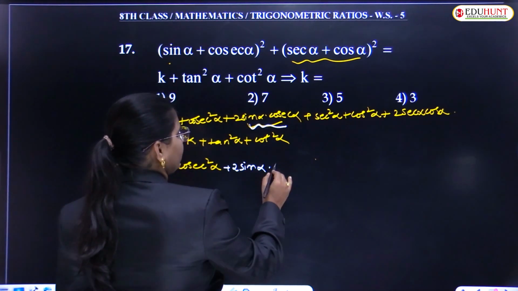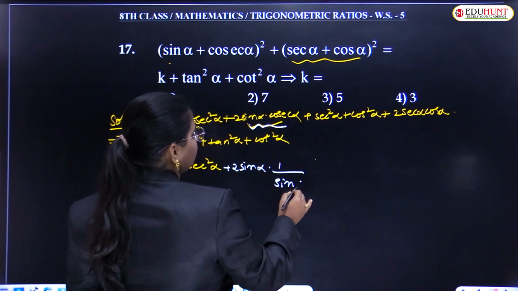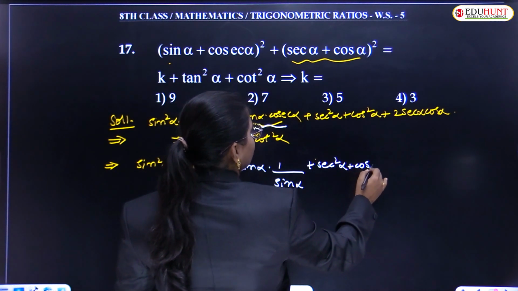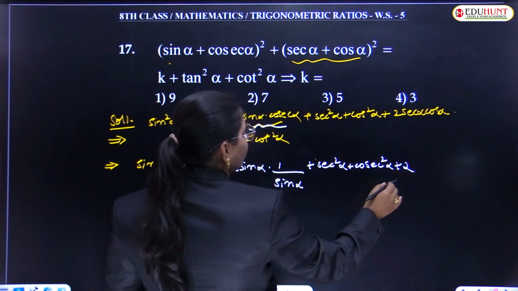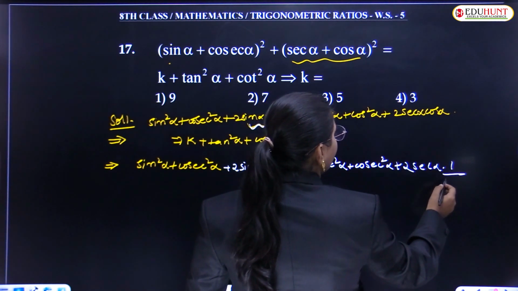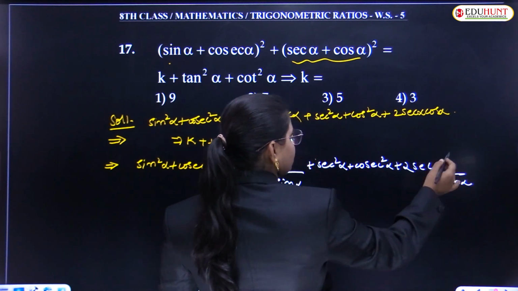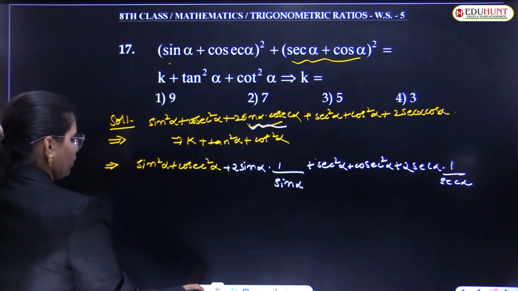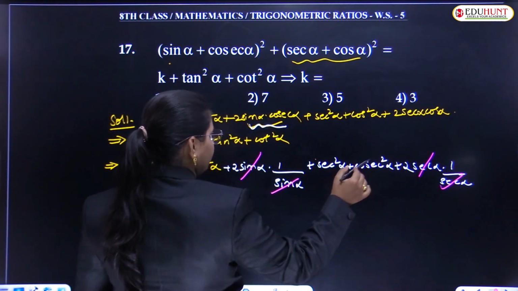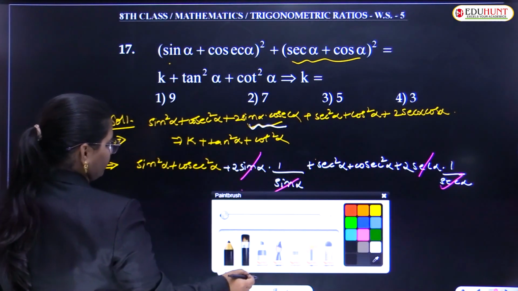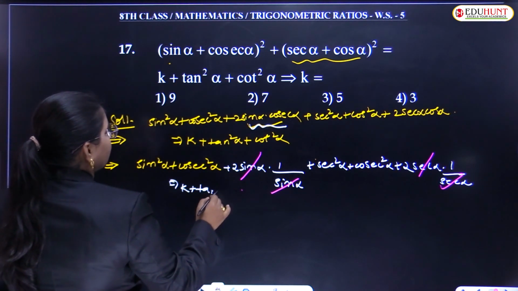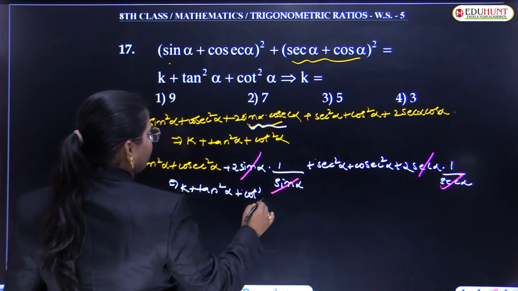So I'll write cosecant alpha as 1 by sin alpha, plus secant square alpha plus cos square alpha, plus 2 secant alpha, and cos alpha again I will write as 1 by secant alpha. It's a reciprocal function. Yes or no? So what are the terms which are going to cancel here? Sin alpha, secant alpha. This is equal to k plus tan square alpha plus cot square alpha, right?